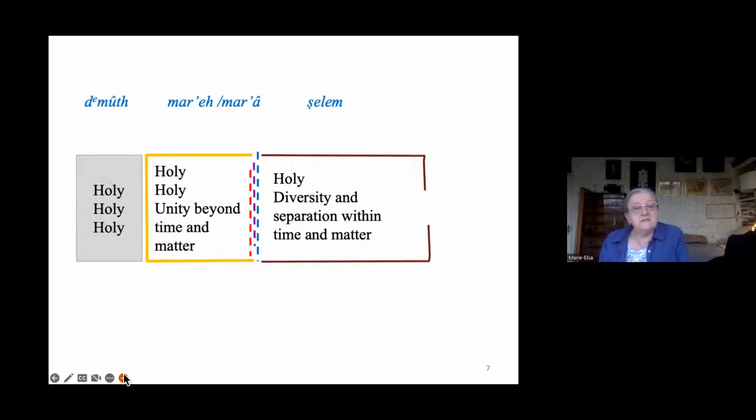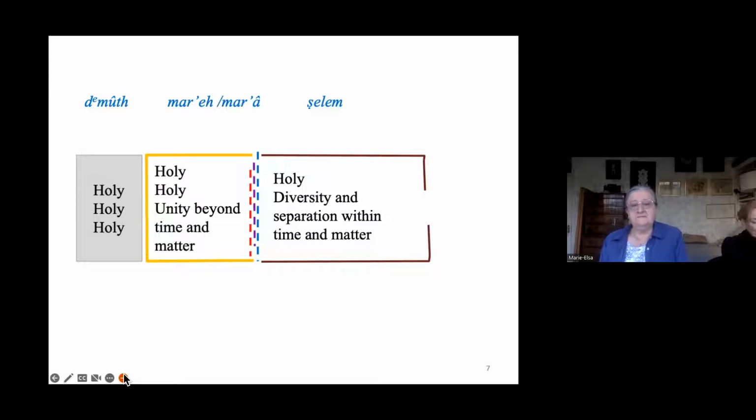Day 1 stands apart, and this was explained by the Jewish teachers as the unity from which all the diversity comes forth. And the diversity of time and matter only begins once you have passed through the veil and come out into the hall of the temple, the material creation.